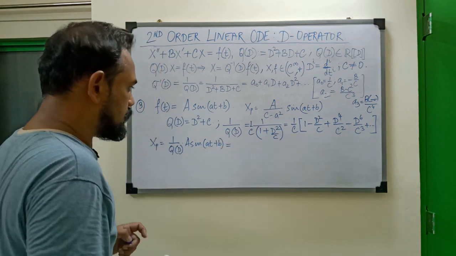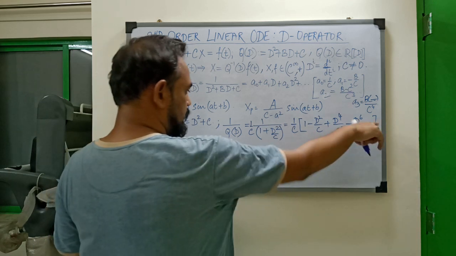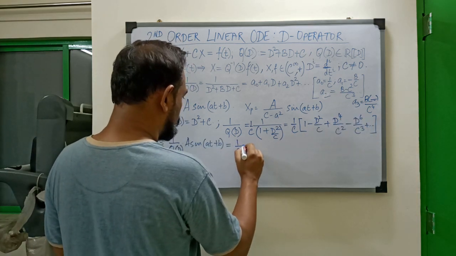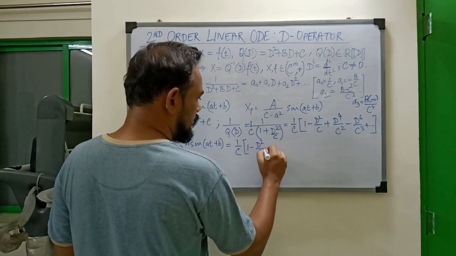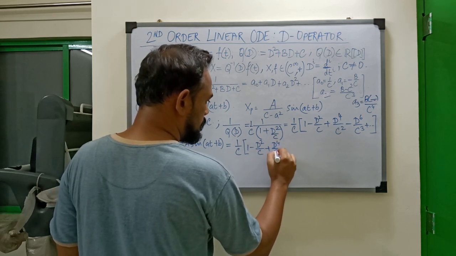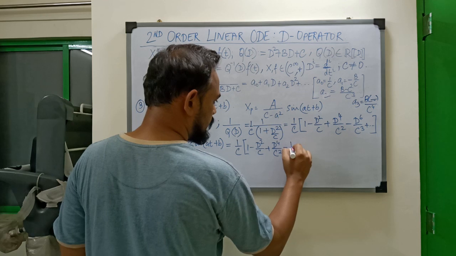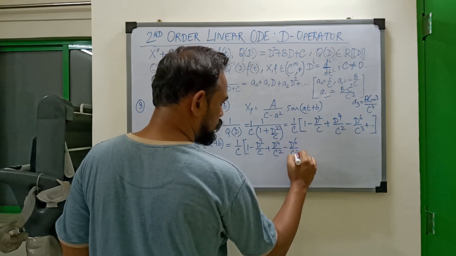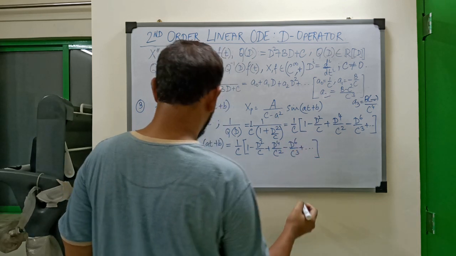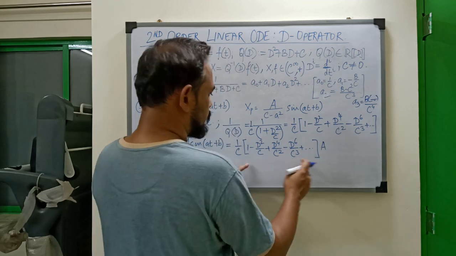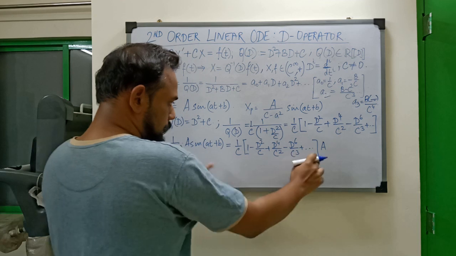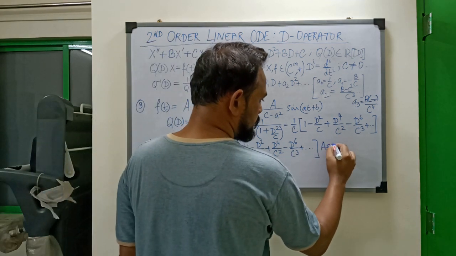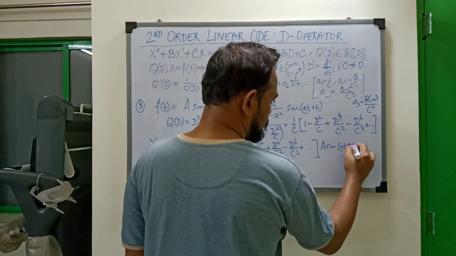Let's expand this: 1 over c, times 1 minus d square by c plus d to the 4 by c square minus d to the 6 by c cube plus, it goes on, and this whole thing acts on sine small at plus b.